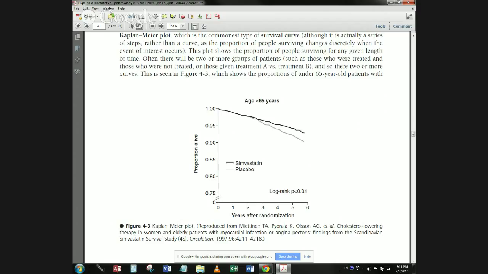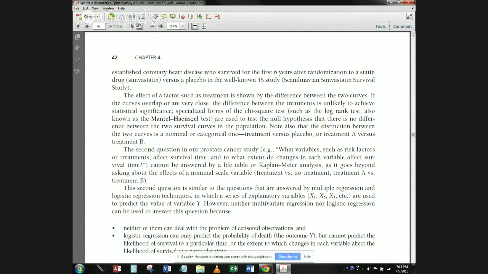This is seen in figure 4.3, which shows the proportions of under 65-year-old patients with established coronary heart disease who survive for the first 6 years after randomization to a statin drug, simvastatin, versus a placebo in the well-known 4S study, the Scandinavian simvastatin survival study.